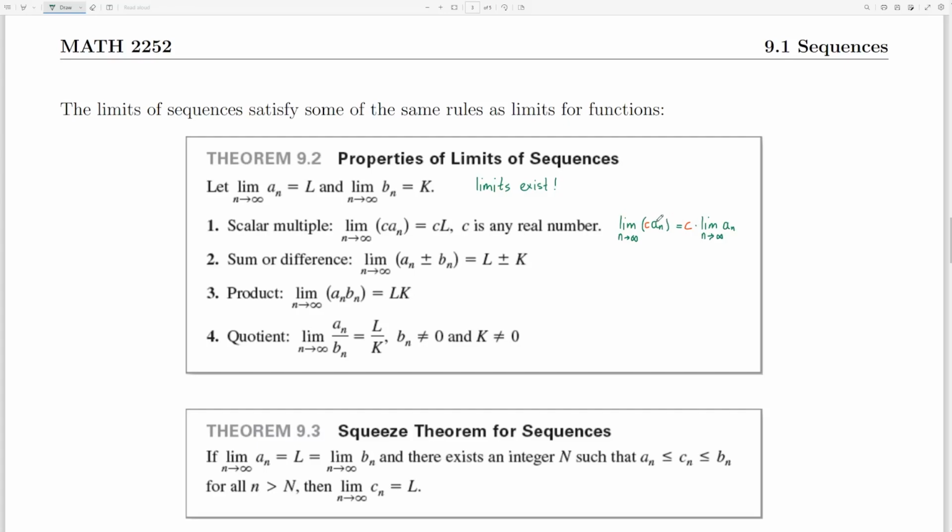In other words, a constant multiple can be pulled outside the limit.